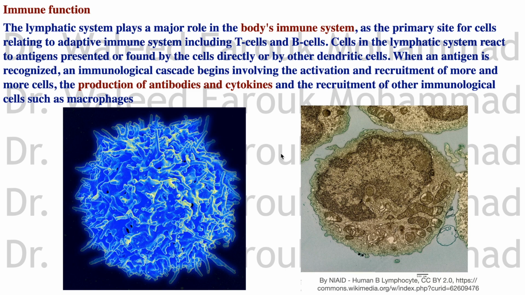The production of antibodies and cytokines and the recruitment of other immunological cells such as macrophages is an important factor in developing the immunity of the body to foreign invaders. This is a picture of the T lymphocyte, and this is a picture of a B lymphocyte.